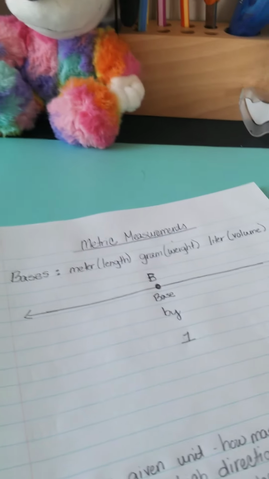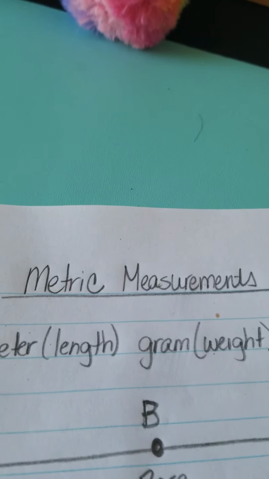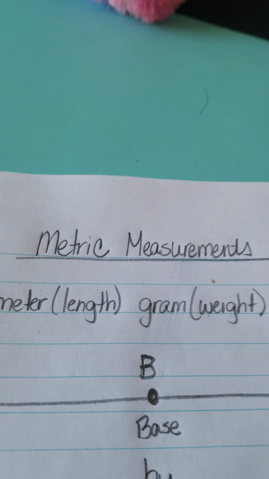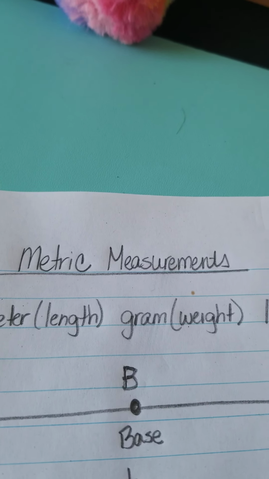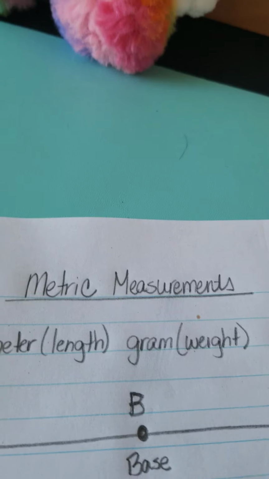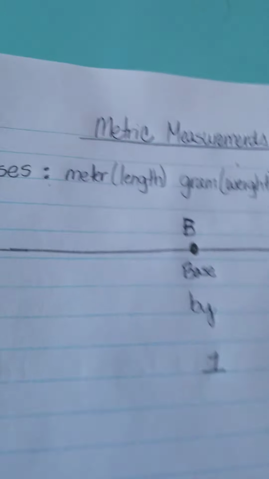All right, my friends, today's topic, metric measurements. All right, so we've already talked about what we call U.S. customary measurement. All right, pounds, ounces, inches, yards. All right, now we're going to go to metric.